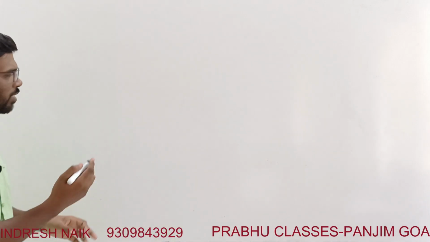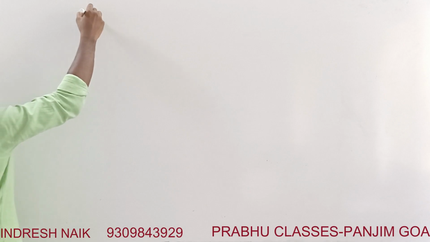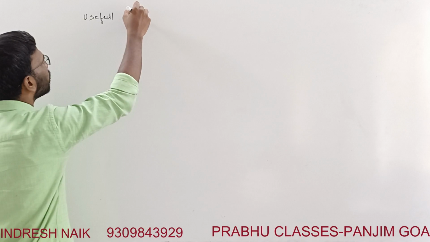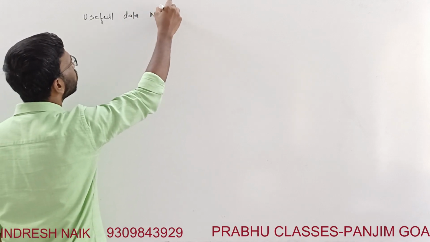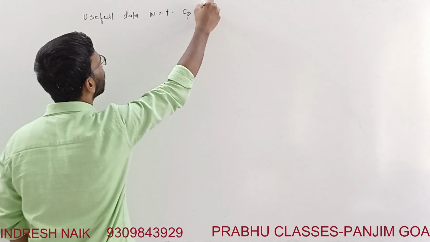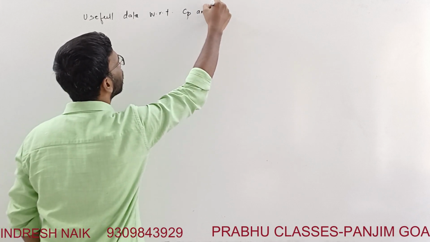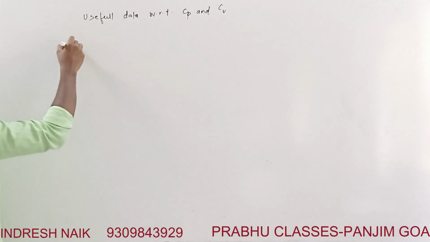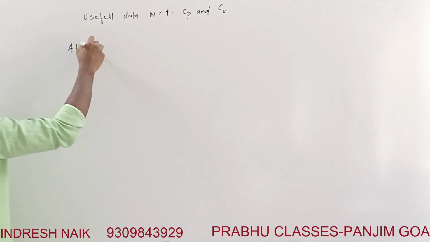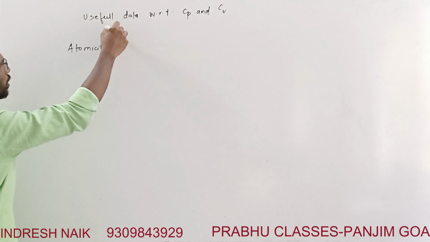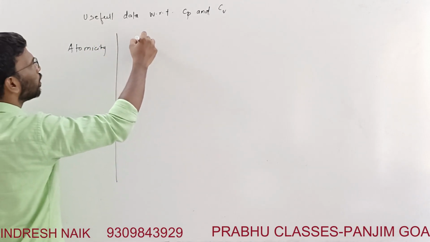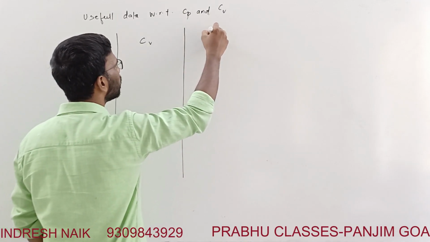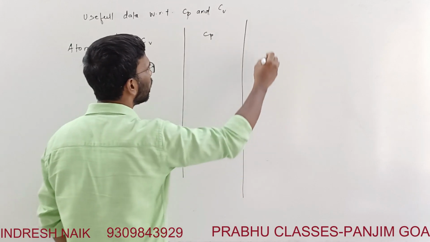So let's remember some useful data with respect to Cp and Cv. First is atomicity. I'll make a column for atomicity, then Cv, then Cp, then gamma.